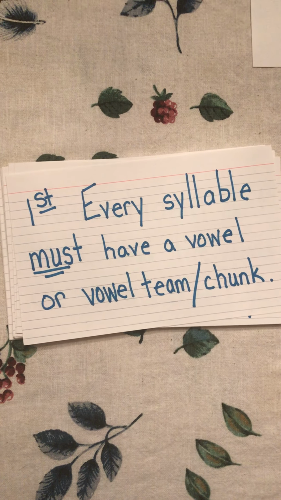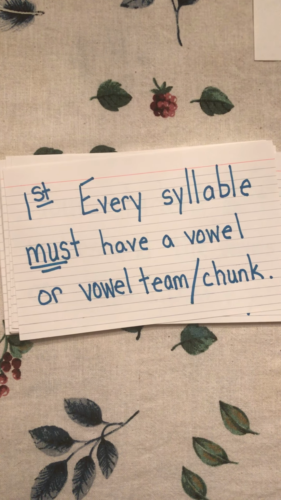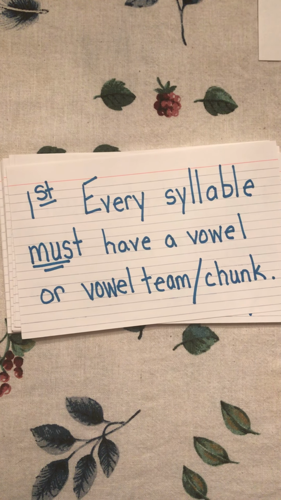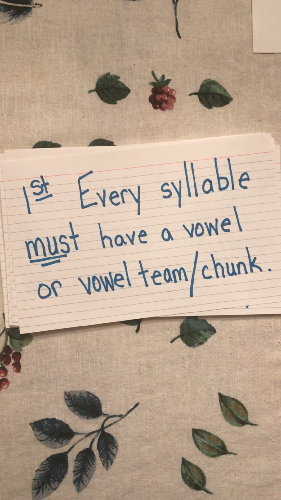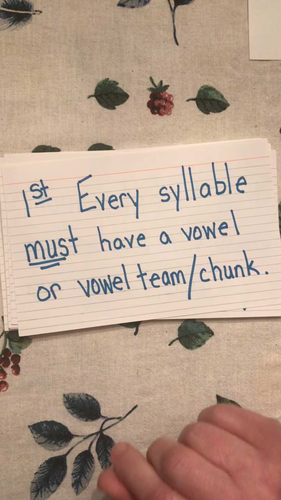First of all, every syllable must have a vowel or vowel team or chunk. And I'll talk about what that is a little bit later. For the purpose of this video, we'll pretty much just talk about every syllable having a vowel by itself.